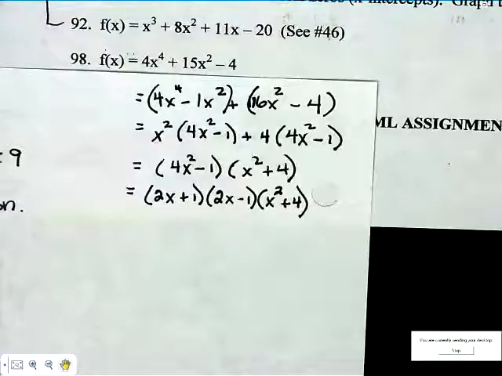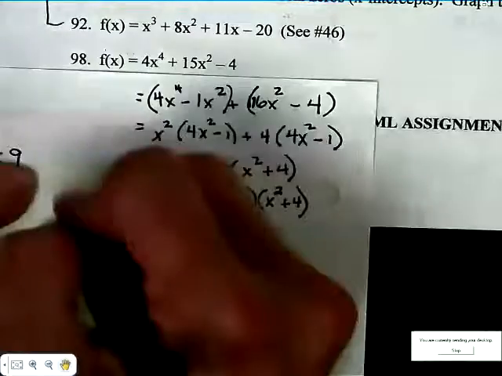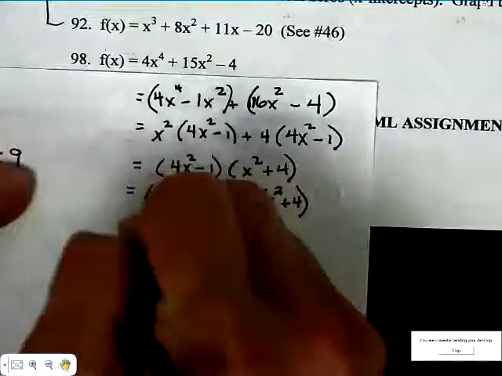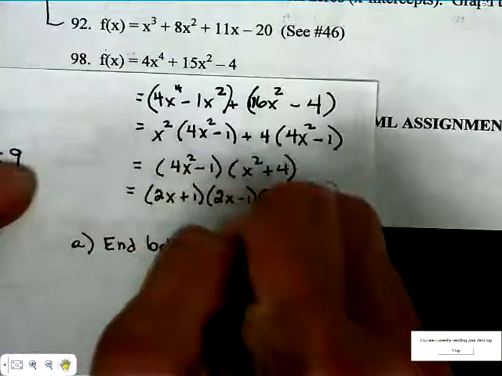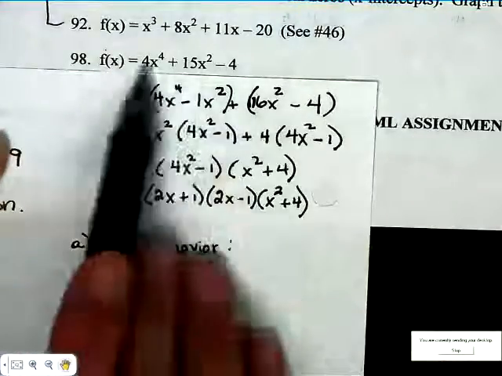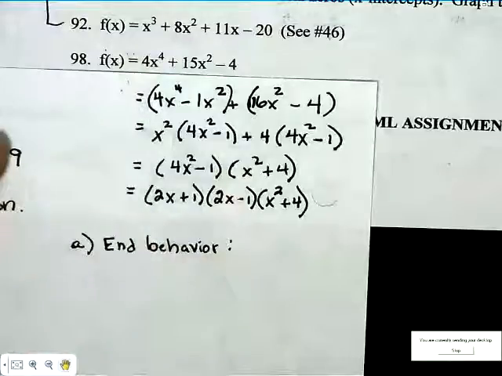And now it's just like last night. Once I have it factored, I look at the original function to determine its end behavior. It's fourth degree with positive coefficient. What happens on the ends? Both ends go up.